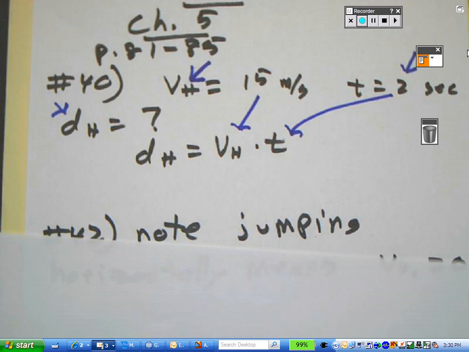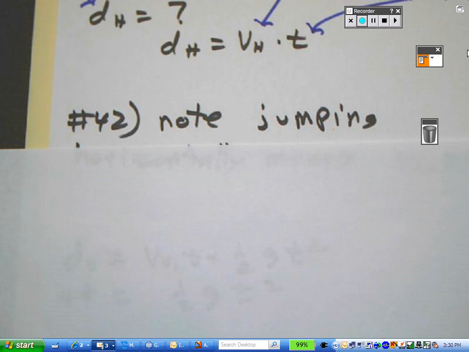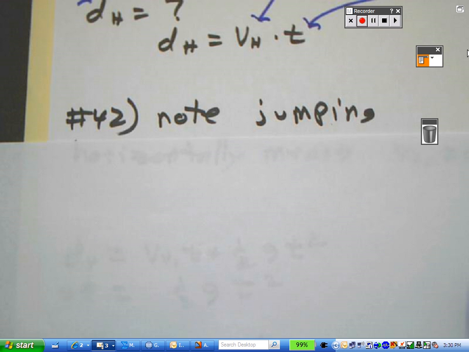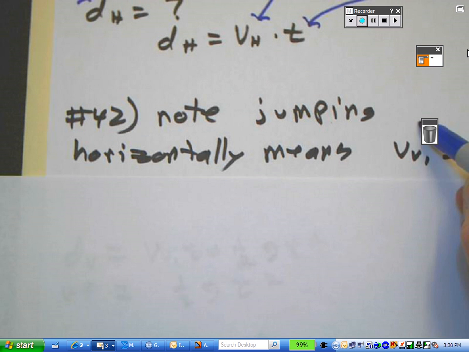A much tougher question would be number 42. Harry and Angela are wondering if they'll be successful jumping out of the balcony, and probably an error to try that anyway. But jumping horizontally means a very important point.